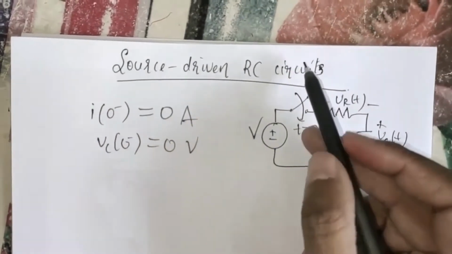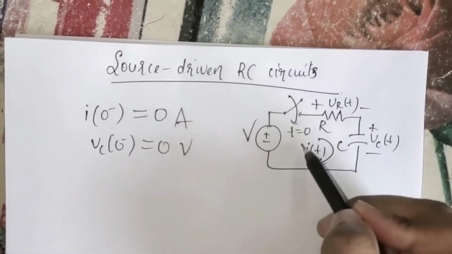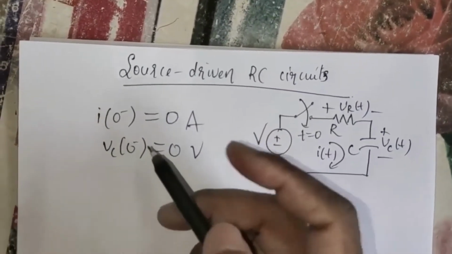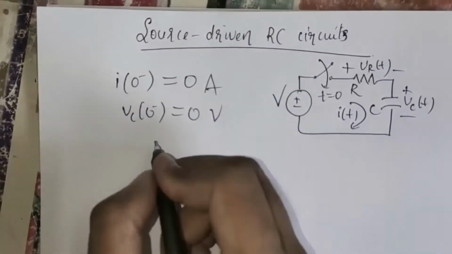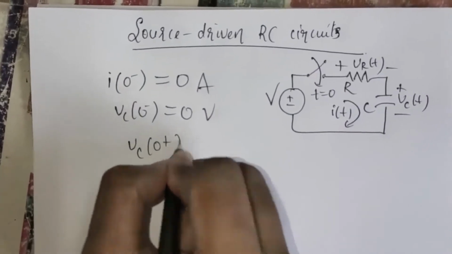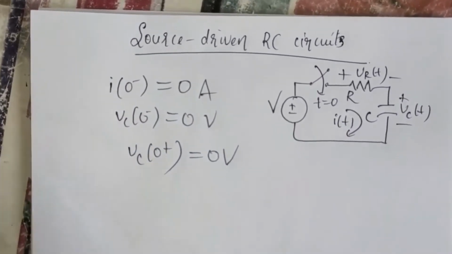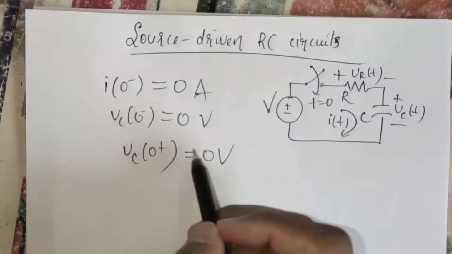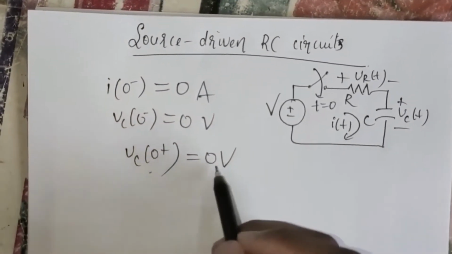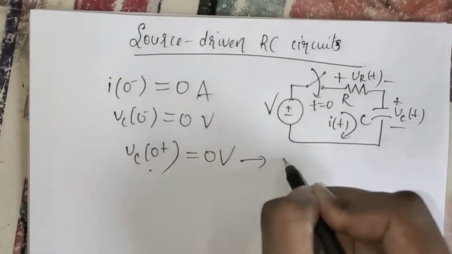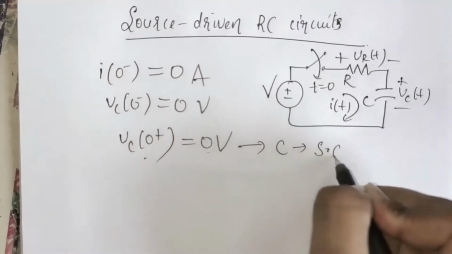When the switch is suddenly closed, voltage and current values can change instantaneously, but due to the property of the capacitor, Vc of 0 plus will remain 0. So Vc of 0 plus is 0, which means the voltage across the capacitor is 0, indicating the capacitor acts as a short circuit.